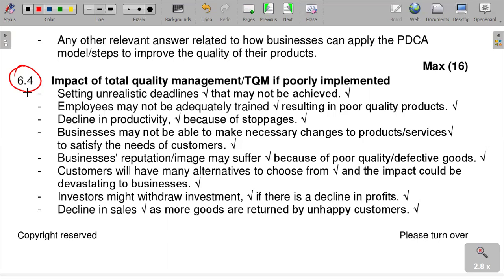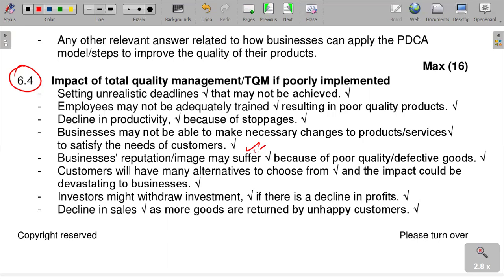And then businesses may not be able to make necessary changes to products or services to satisfy the needs of customers, because of the poor implementation of the total quality management process that has been put in place. And then business reputation and image may suffer because of poor planning and poor implementation.